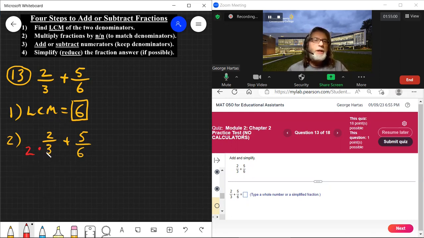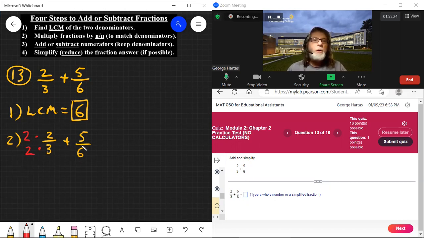Now, you cannot change the denominator or the numerator of a fraction and not change the other part. So if we change this by multiplying by 2, we got to do the same thing to the top to keep the same ratio so we don't change the value of the fraction. So we're going to multiply the denominator by 2 and also the numerator.